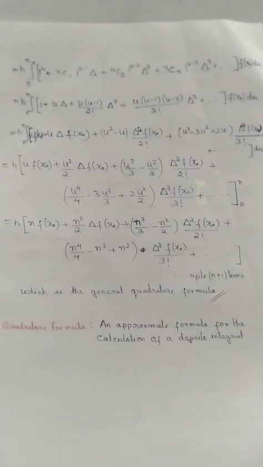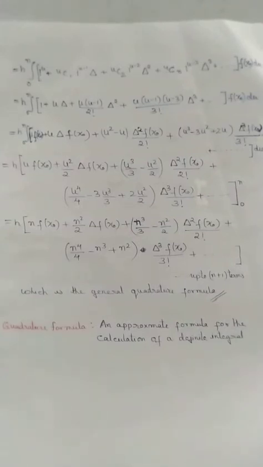So the three formulas of numerical integration, which are the trapezoidal rule, Simpson's 1/3 rule and Simpson's 3/8 rule, are derived from this formula. By assuming f(x) is a polynomial of degree 1 and neglecting the higher order differences, we get the trapezoidal rule.